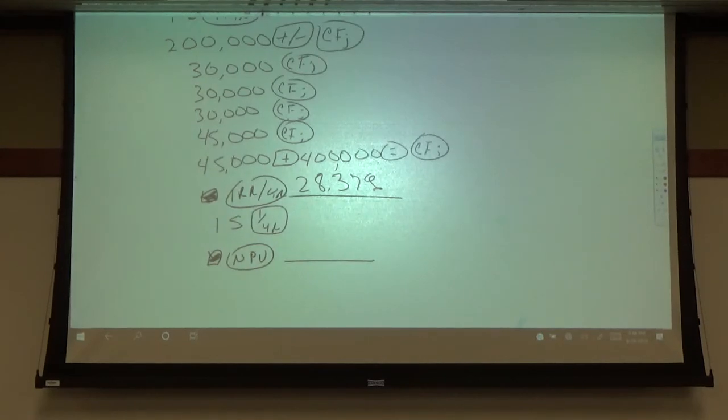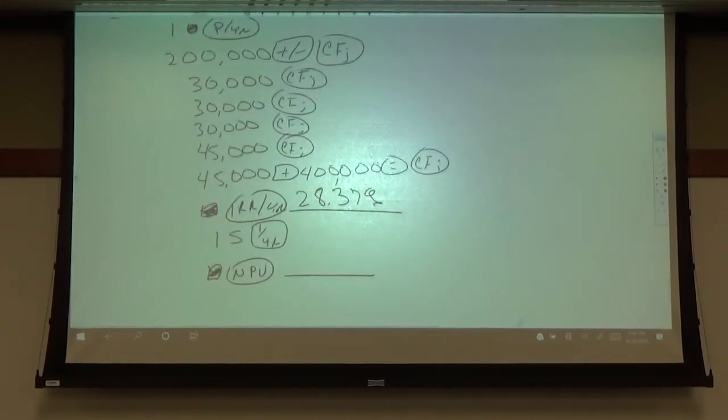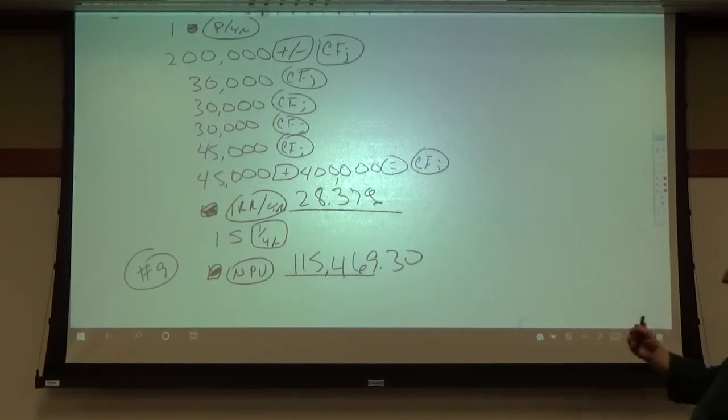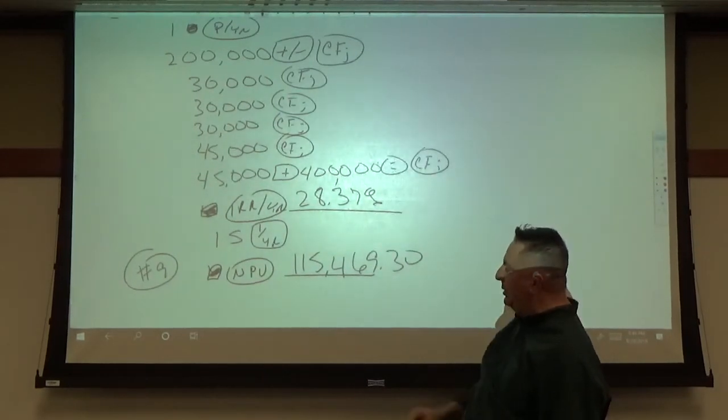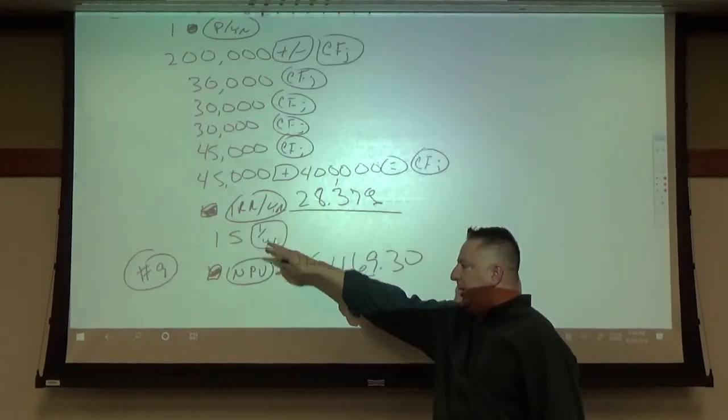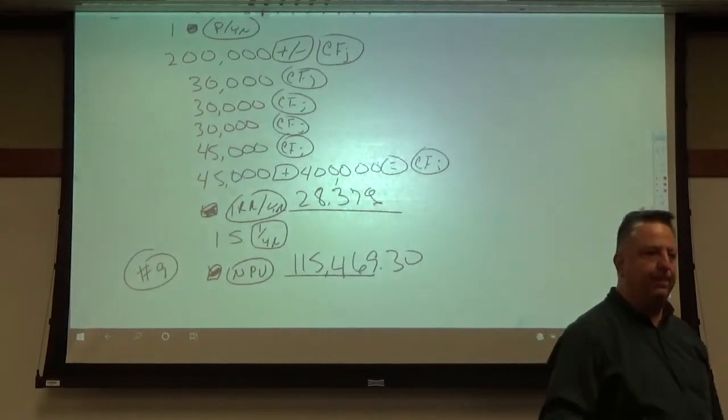Okay, and when you do that, all right, it should be 115,469.30. So that's, once again, the answer to question number 9. Okay? So just like in the example that we did on the big spreadsheet, this is saying if our hurdle rate is 15%, the project is actually generating 28%, then the real profit that we're receiving above and beyond the 15% is $115,000. Okay?